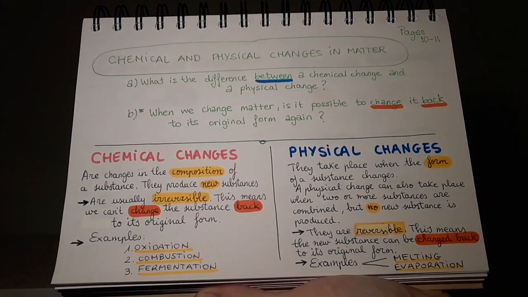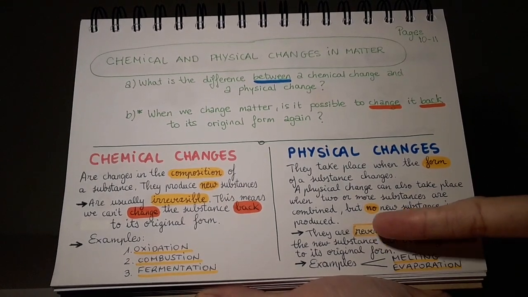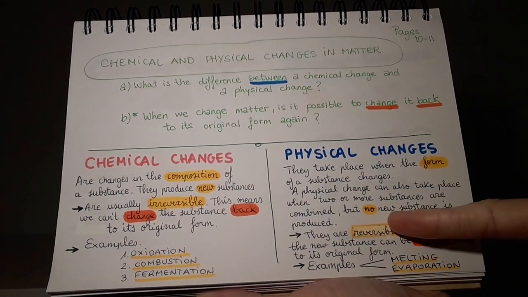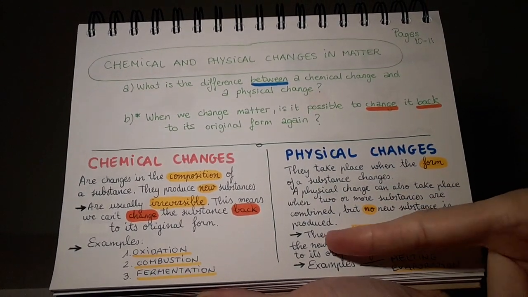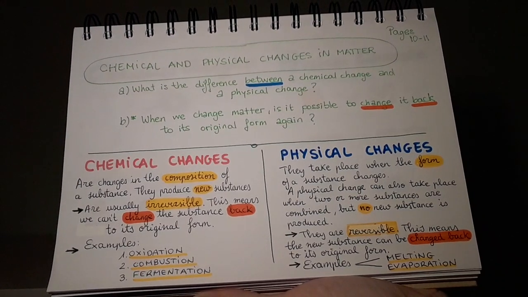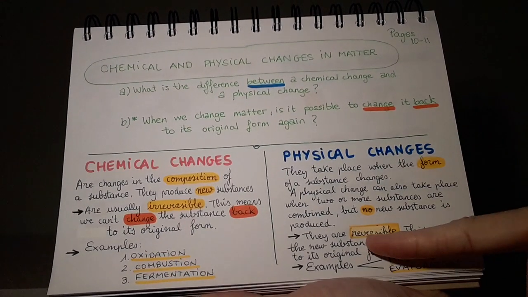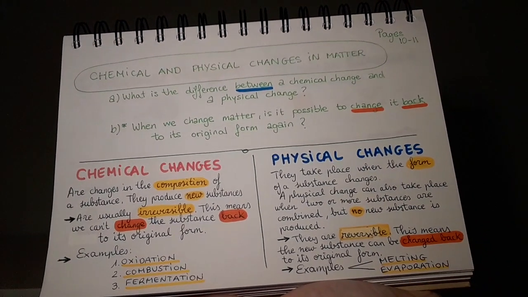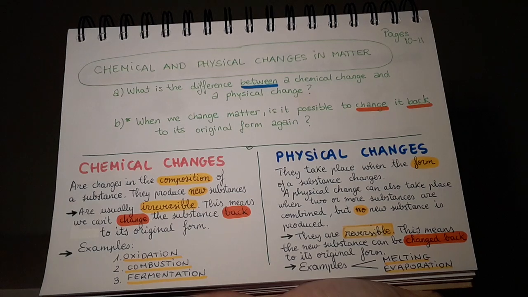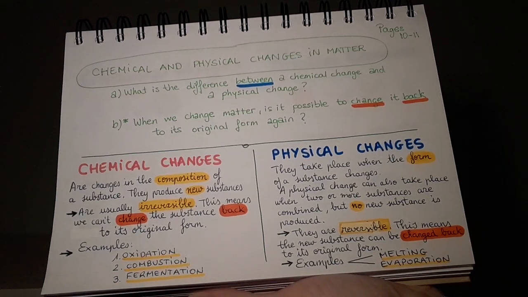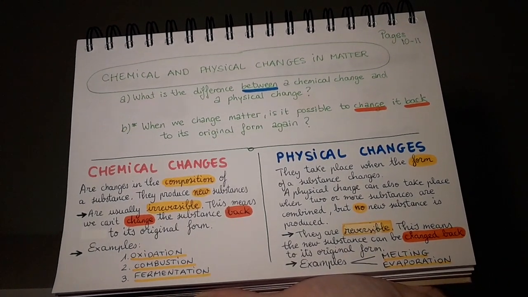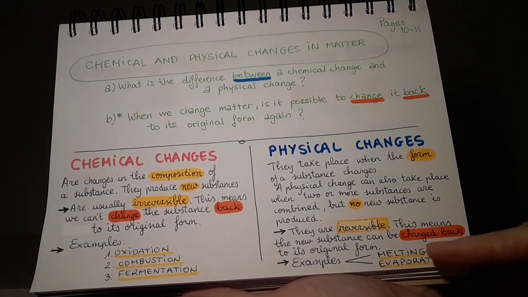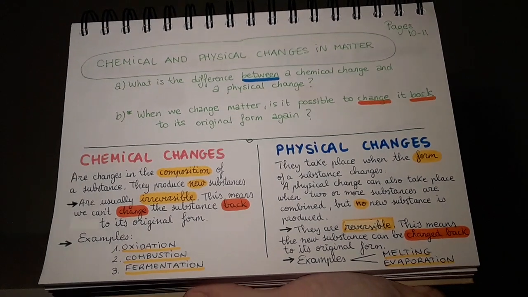And here the main characteristic is the opposite. So the main characteristic is that they are reversible. Physical changes are reversible, okay? This means the new substance can be changed back to its original form, okay? The examples you have in the book are melting and evaporation.